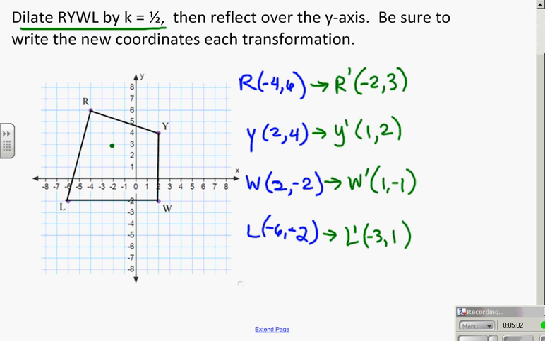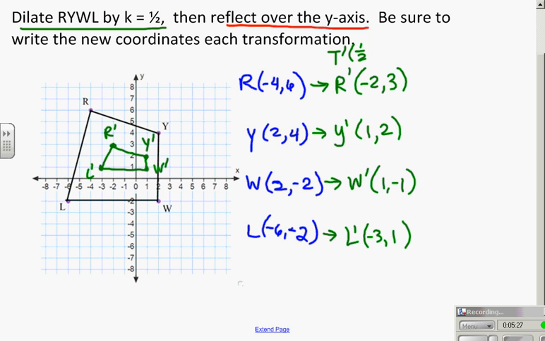And let's graph that in green. (-2, 3), (1, 2), so R prime, Y prime. And we get the miniature version that we would expect. Our composite is a reflection over the y-axis.